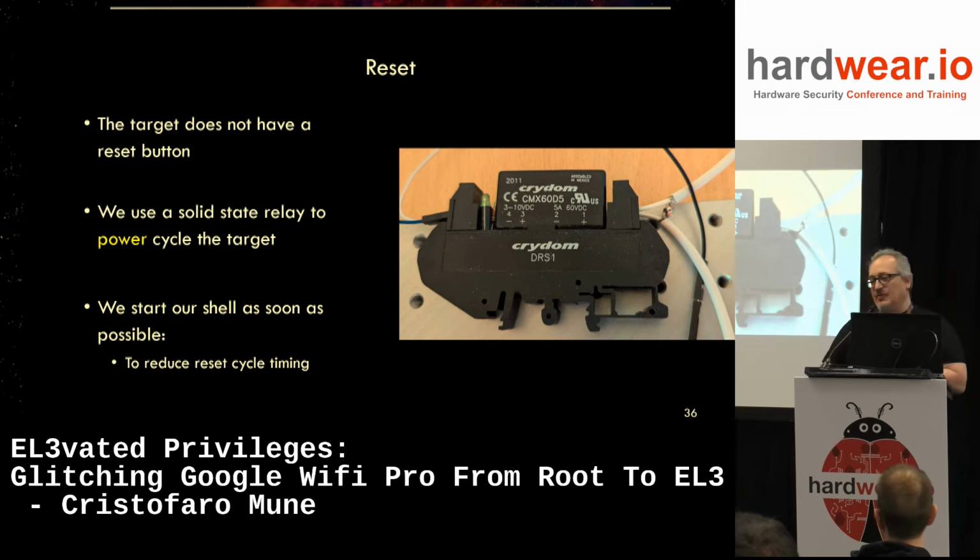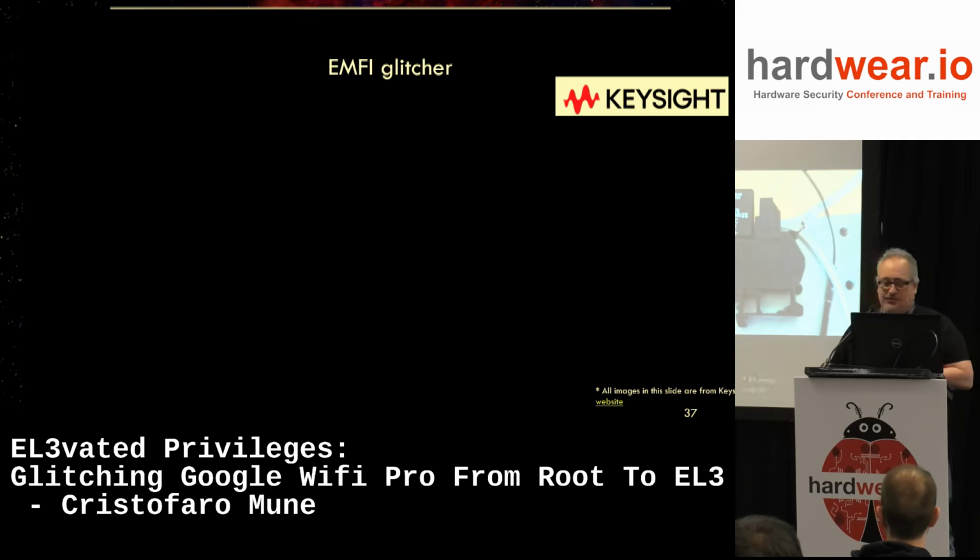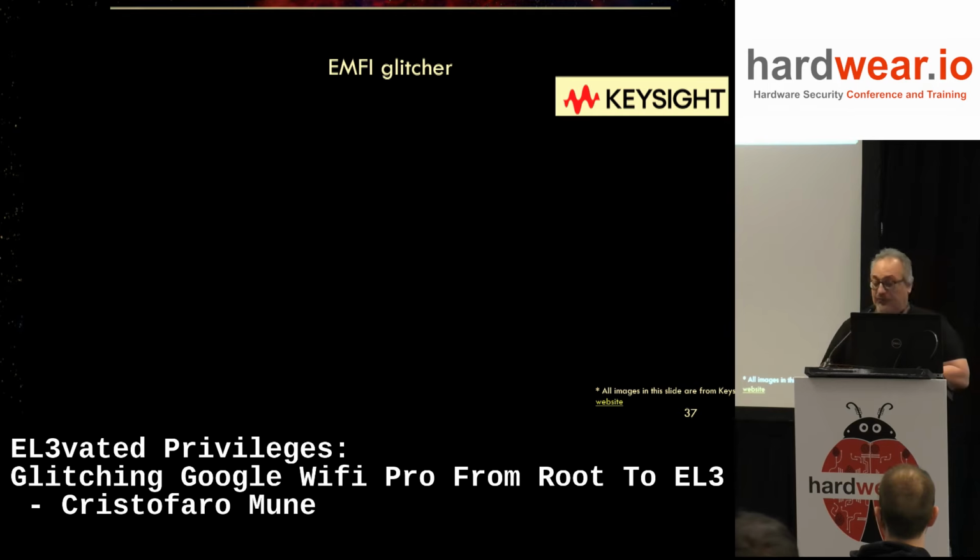So this means that we can raise a pin to reset the target by using this solid state relay, which will cut the power and bring it back whenever we want. This allows us to automate any process that we actually need for the glitching.